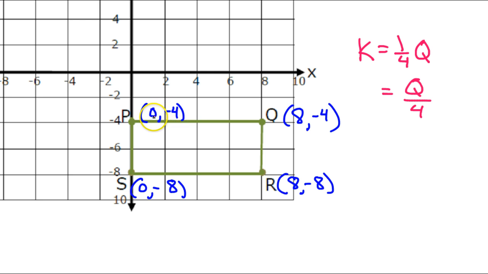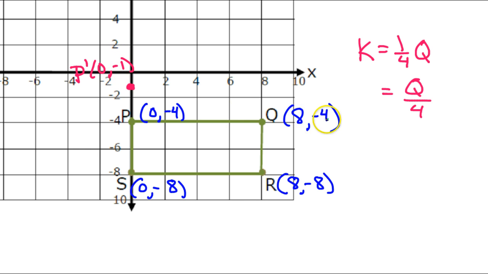For example, 0 divided by 4 is 0. -4 divided by 4 is -1. So that would make this 0, -1, which would be right here. This will be my point P prime, 0, -1.